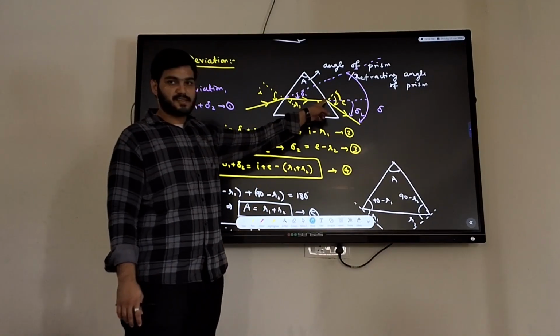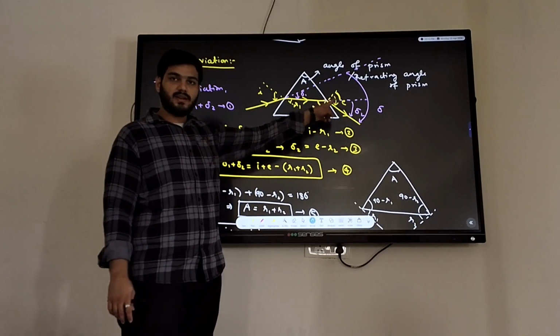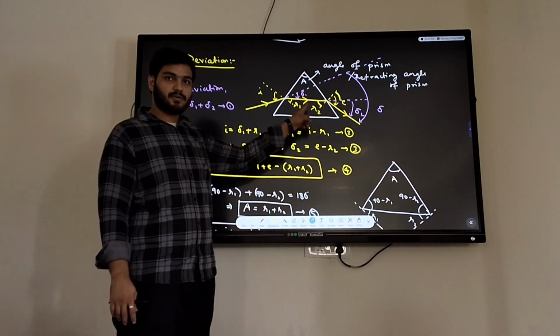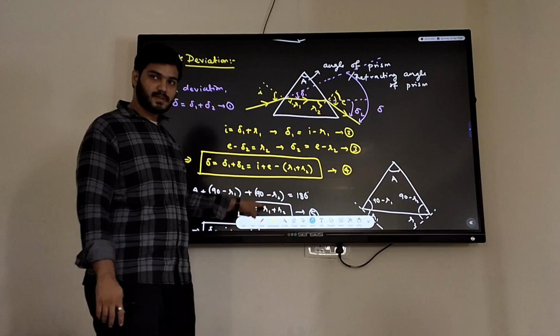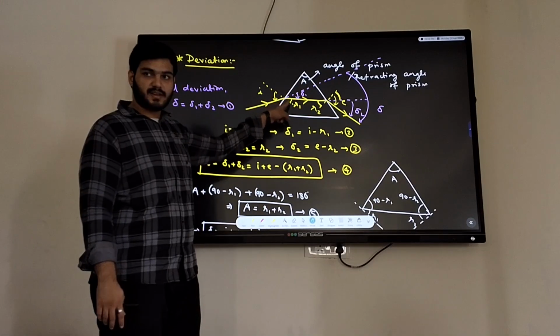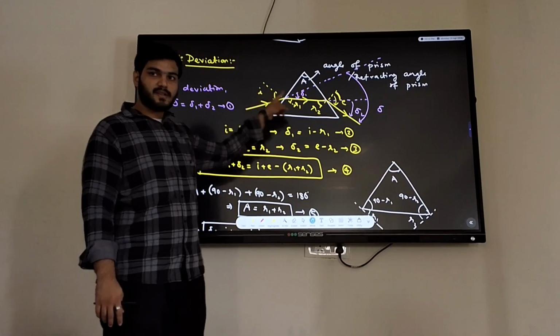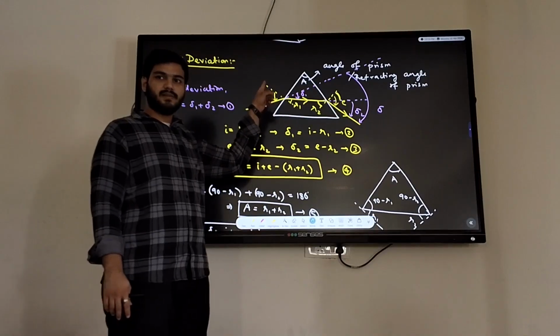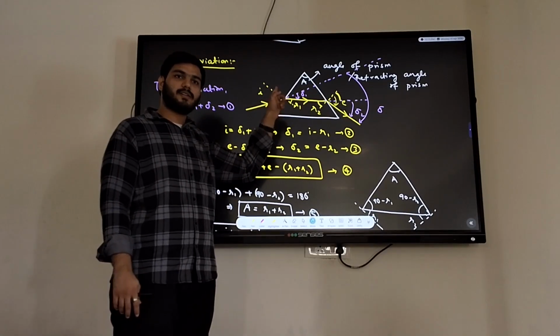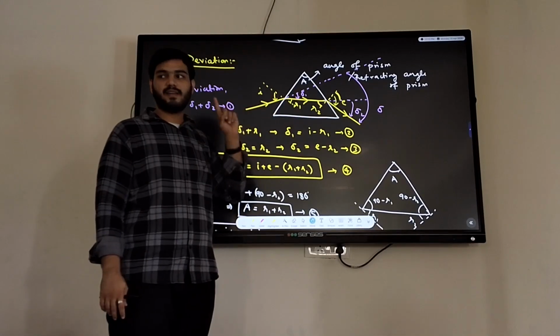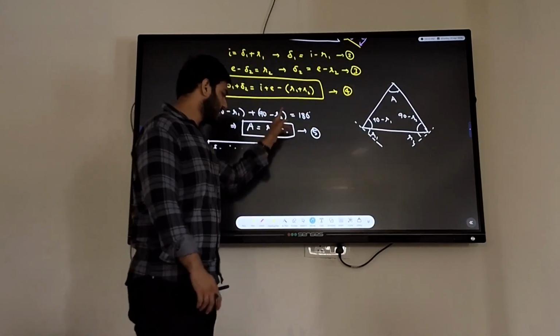If I apply Snell's law here, then E gets related to R2. R2 is related to R1. Now, if I apply Snell's law here, then R1 is related to I. So E is basically related to I. E depends on I. So the only independent parameter is what? I is the only independent parameter. So delta depends only on I.